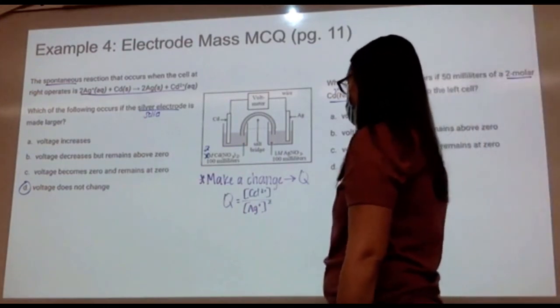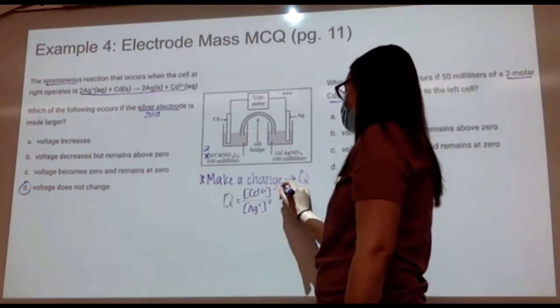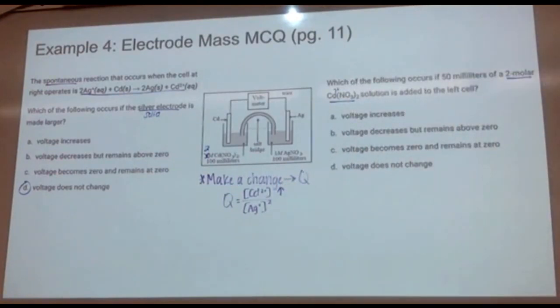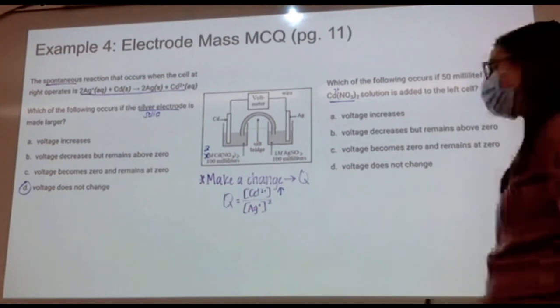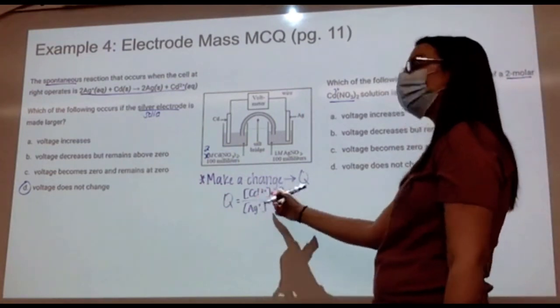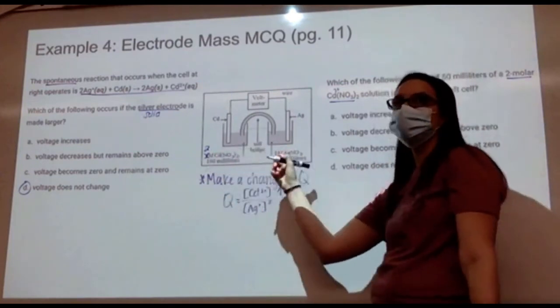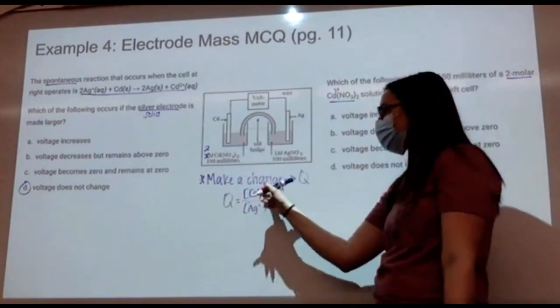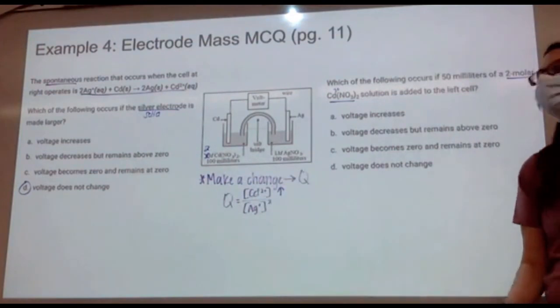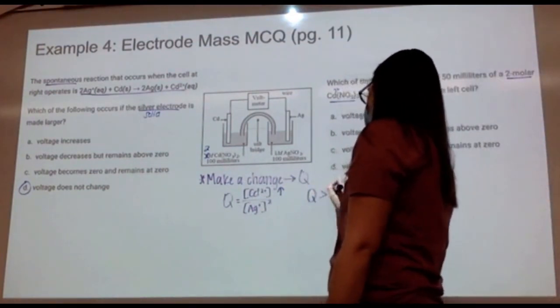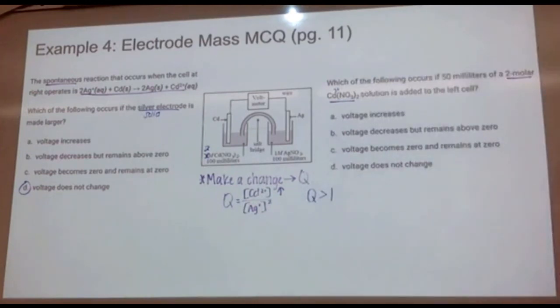If we are increasing the Cd2+, we're increasing what's in the numerator. At standard conditions the solutions are 1 molar, so Q would be 1. Now, Q is greater than 1. Now, Q is 2.